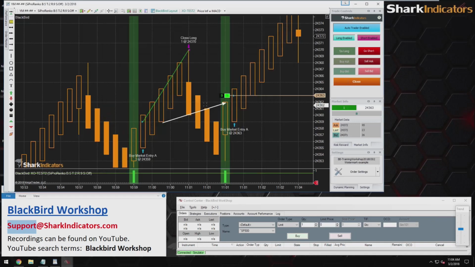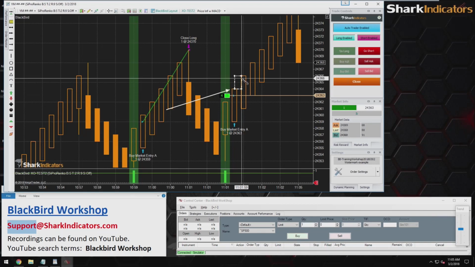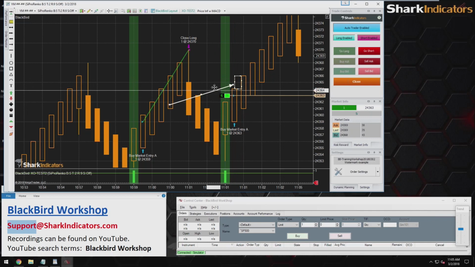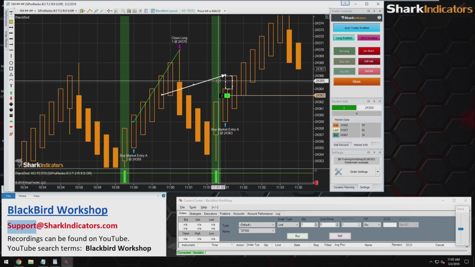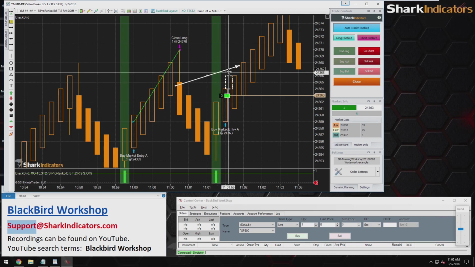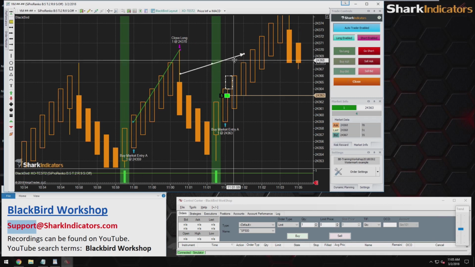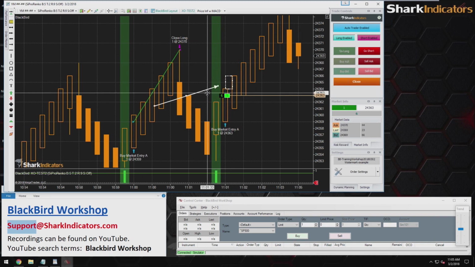So what that means is that the price difference, let me draw a little aid here, the price difference between these two bars is 2 ticks, right? So every bar has a 2 tick offset on the closing price.